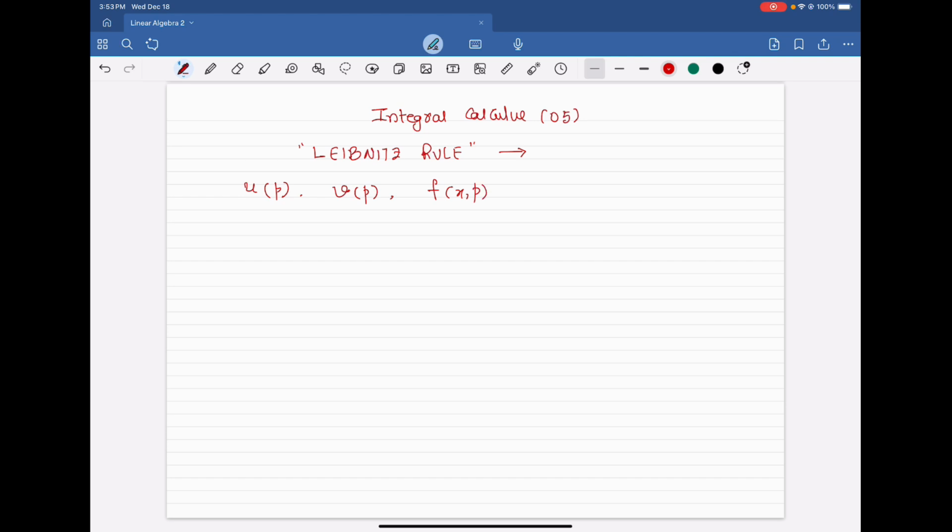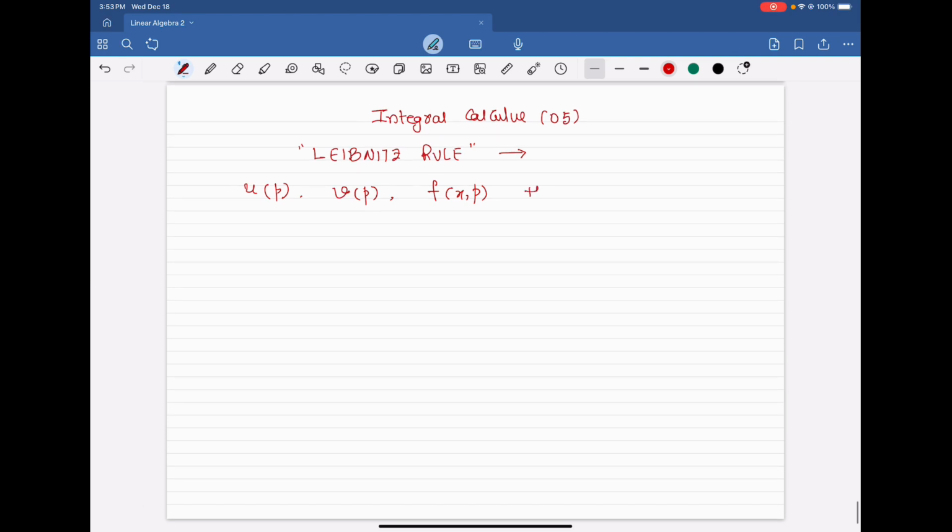Then, as per the Leibniz rule, we take the differentiation with respect to p, d by dp, of the integral from u(p) to v(p).